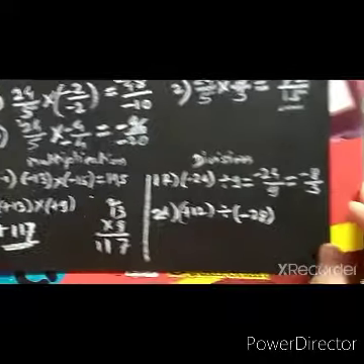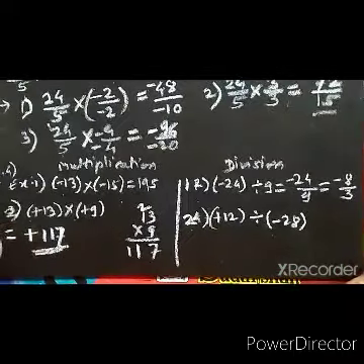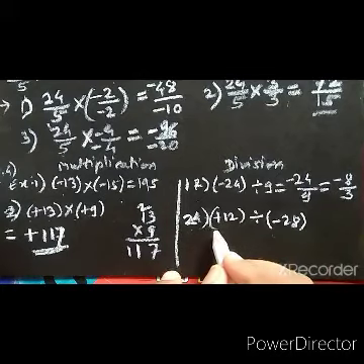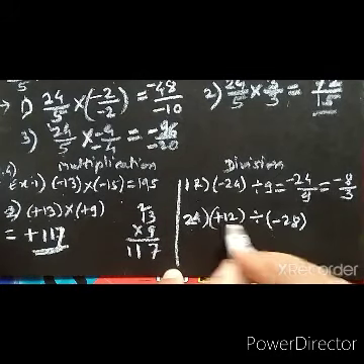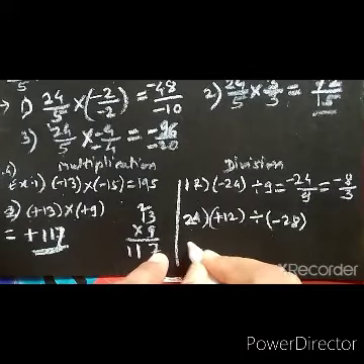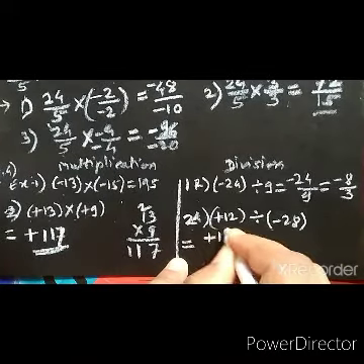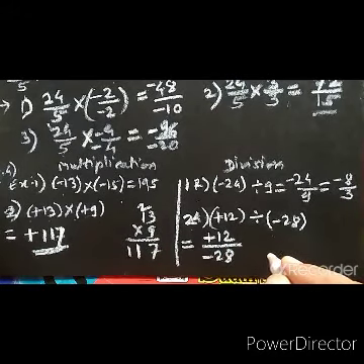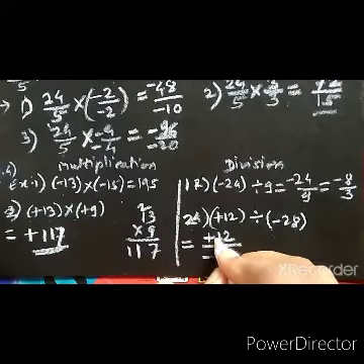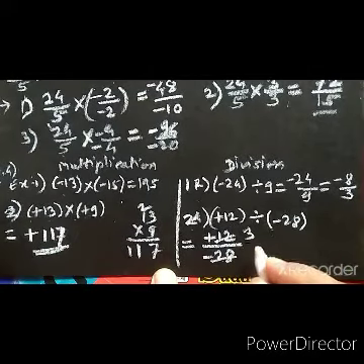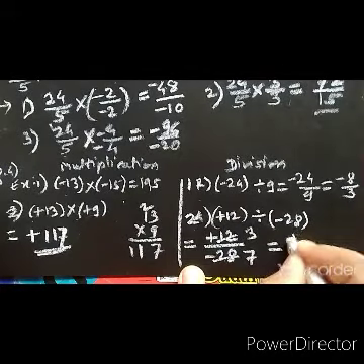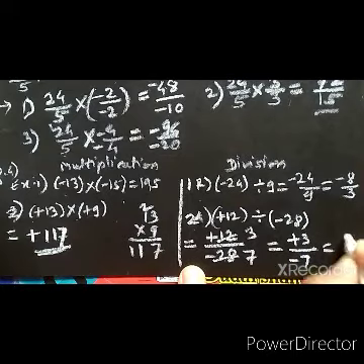Now let us see the second example for division. Plus 12 divided by minus 28. Division of opposite signs gives a negative integer. So plus 12 divided by minus 28. In the 4th table 12 and 28 are there. 4 3s are 12 and 4 7s are 28. And therefore here we got plus 3 upon minus 7, that is 3 upon minus 7.